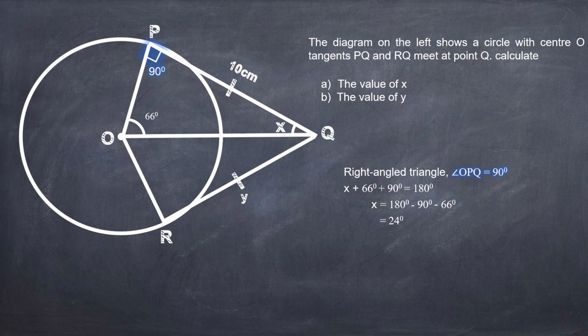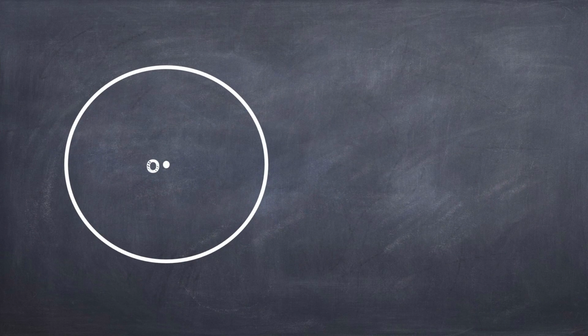Therefore, to find x, it is 180 degrees minus 90 degrees minus 66 degrees. So x is equal to 24 degrees. Now to find y: since PQ is equal to RQ, y is equal to 10 cm. Okay, next.